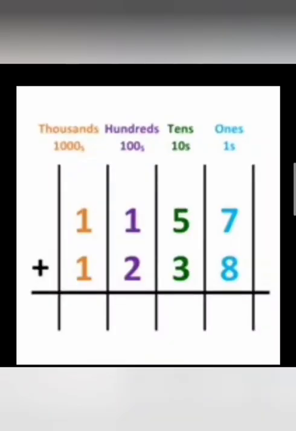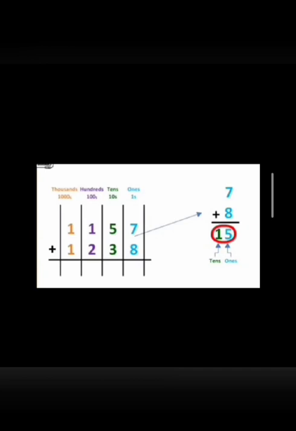Let us add these two numbers, 1157 and 1238. First add the numbers in the ones place, which are 7 and 8. On adding 7 and 8, we get a 15.